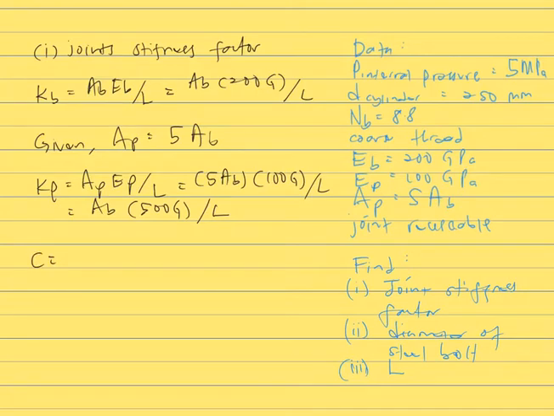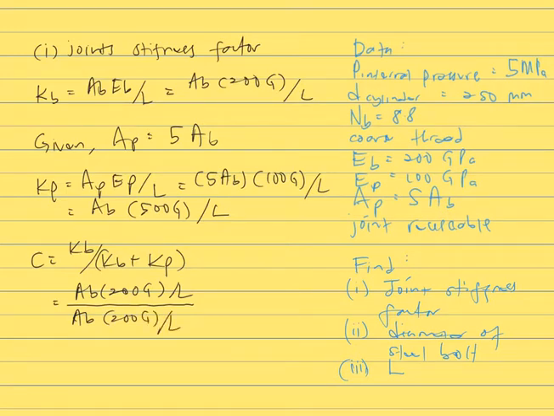Now we can find the joint constant, which is C equal to Kb divided by Kb plus Kp. So let's put the values here. Ab 200 gigapascal divided by L, over Ab 200 gigapascal over L plus Ab 500 gigapascal divided by L. Simplify: Ab cancels out, L cancels out.